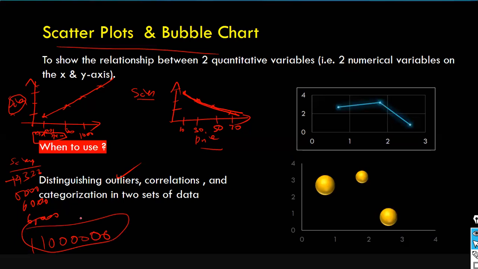So there is something wrong here. Salary cannot be negative and it cannot be this big. It may be a typo error, but not necessarily. Sometimes the outlier is a true value.